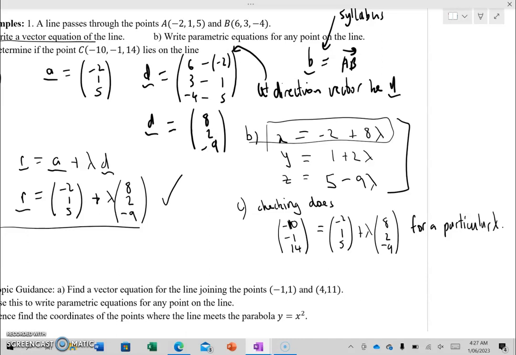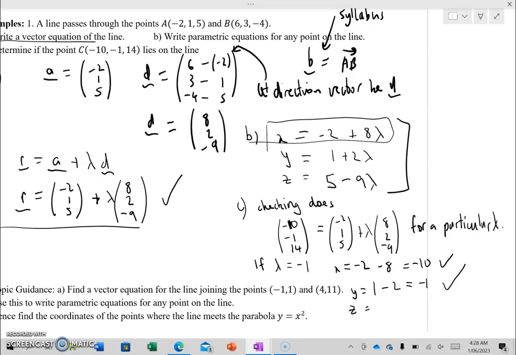So if lambda equals negative 1, let's go X is equal to minus 2 minus 8, which is negative 10, tick. Let's have a look at Y. Y equals 1 minus 2, which is negative 1, tick, that's what we wanted.